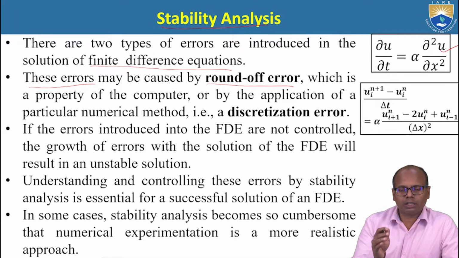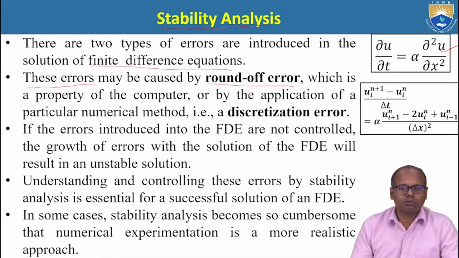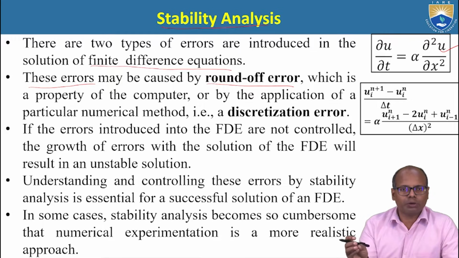Now the order of accuracy or truncation error has come because we cannot solve the infinite terms of the Taylor series in the computer, or manually also we cannot solve. So in order to reduce the effort of the computer, we have to truncate the equation at a particular point with the required accuracy.